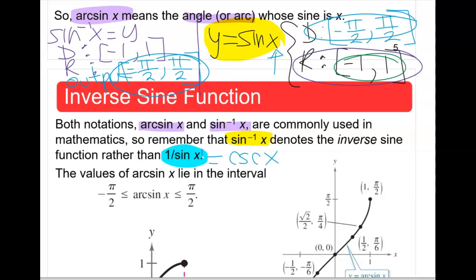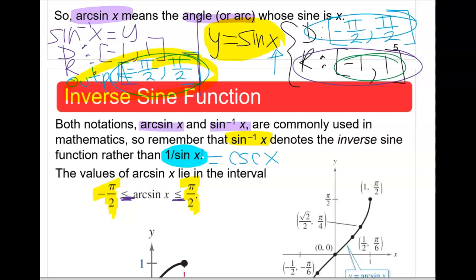Okay, so the outputs, as we already discussed, are going to come from -π/2 to π/2. And we also see the inequality symbol has the equal sign here because those two numbers are included. That's why we use the square bracket.